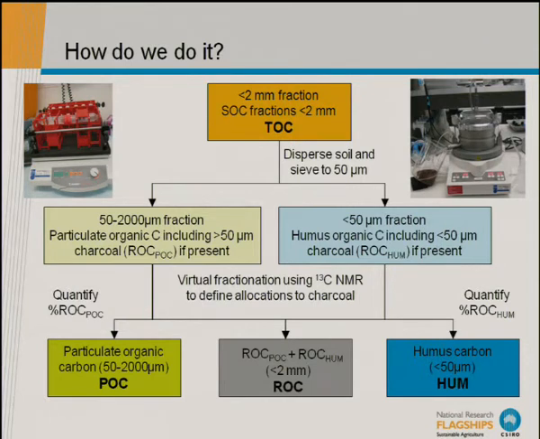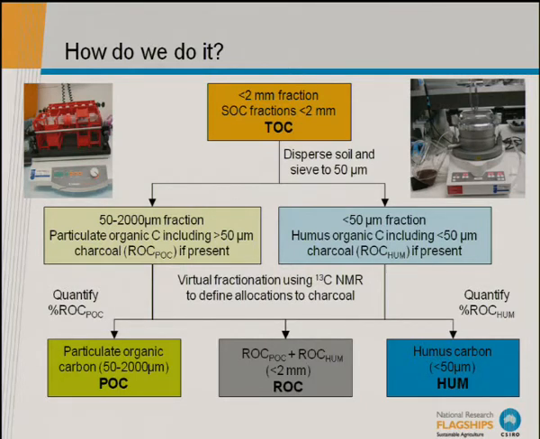So I guess that's one change from the work that's been done in the past. We've only measured charcoal in the humus fraction. It was assumed that there was no charcoal in the particulate fraction, and so this is a change from all the stuff that this group has published up until basically anything coming out of our lab from now on. So starting with the SCARP program is using this approach where we're looking for charcoal in both fractions.